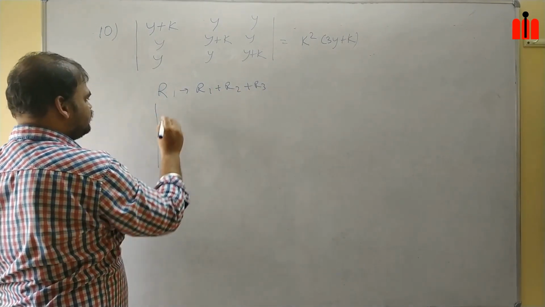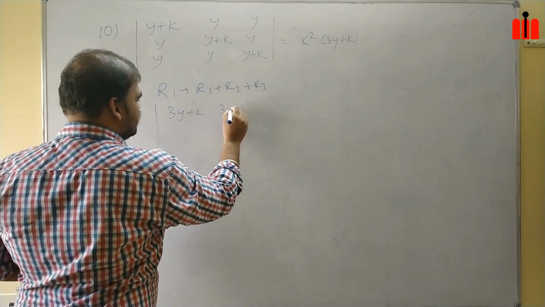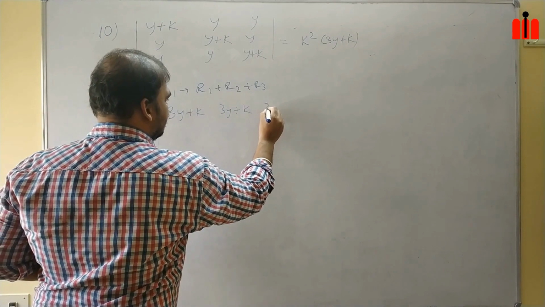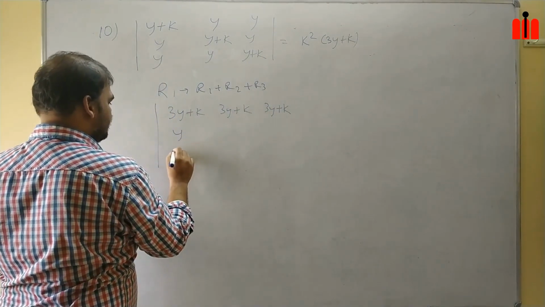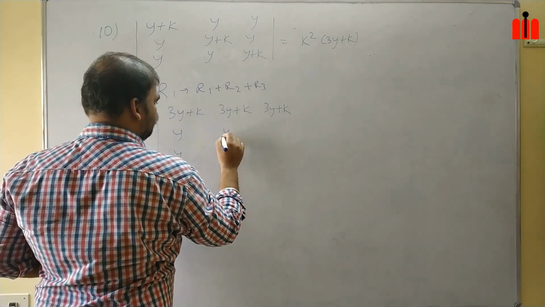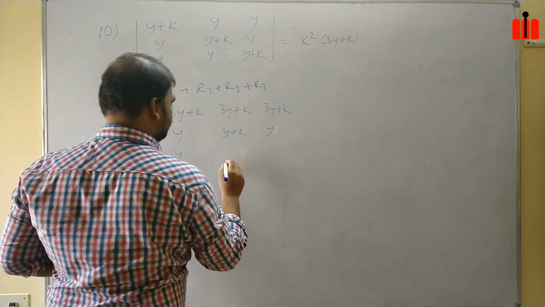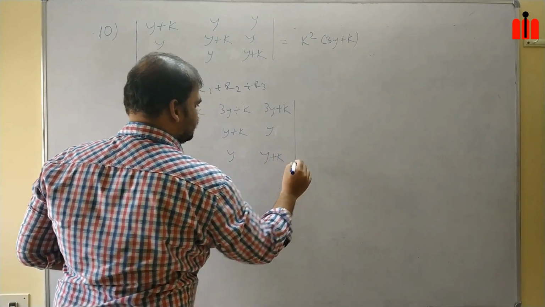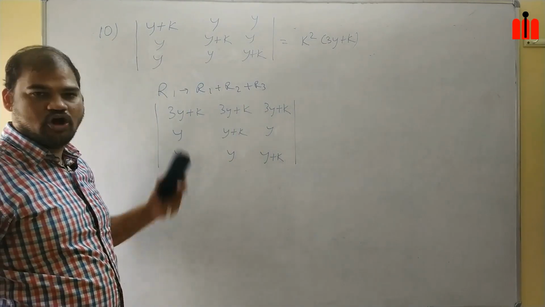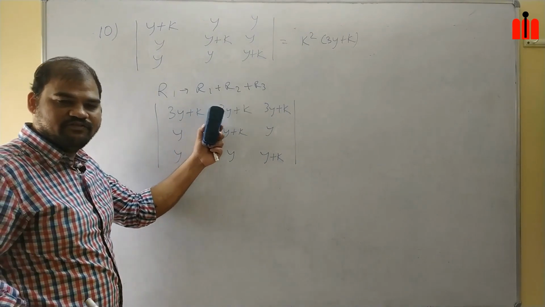So it will become 3y plus k, 3y plus k and 3y plus k. We are left with y plus k, y and y plus k. Now we will take 3y plus k common from here. So here it will be 1 1 1. So that is the main idea, that we should get 1 1 1.